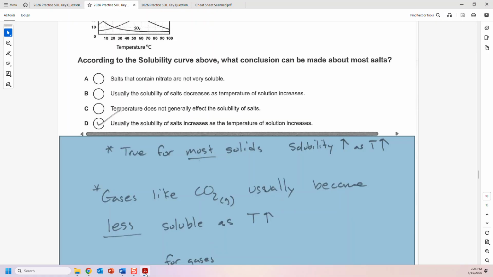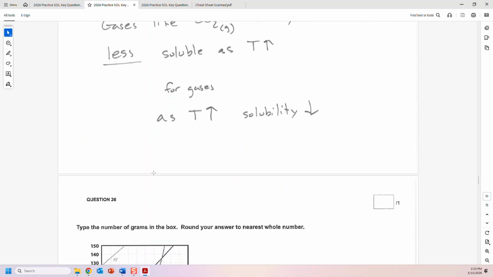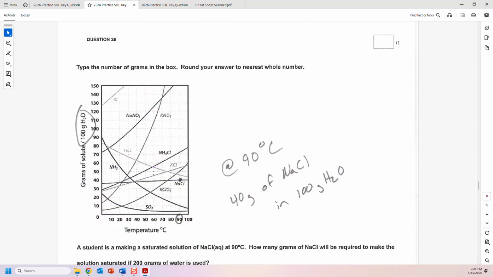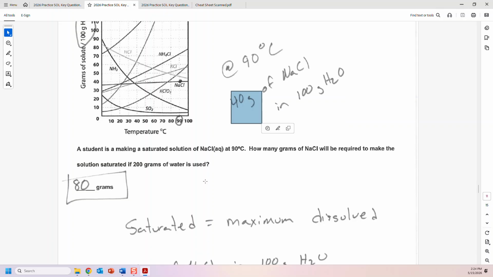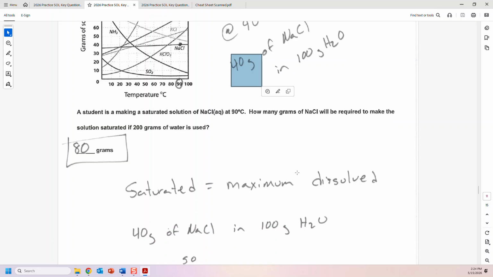Let me see if I have any notes on that just in case. Yeah, so at 90 degrees, it would take about 40 grams to saturate it. But that's 40 grams if you have 100 grams of water. Again, we had 200 grams of water, so we got to double that. So that's why it's 80. Saturated means the maximum dissolved.